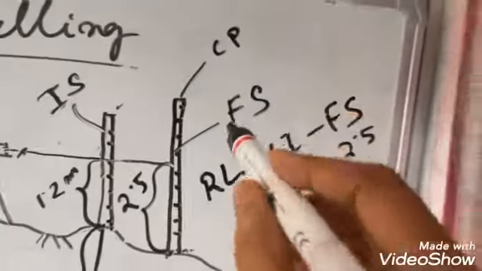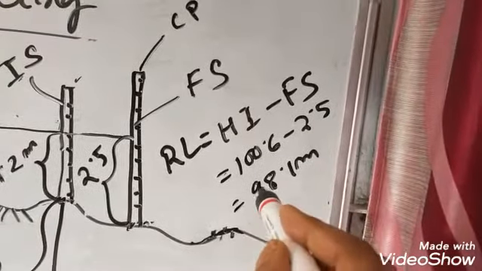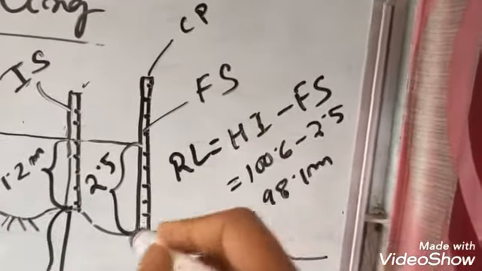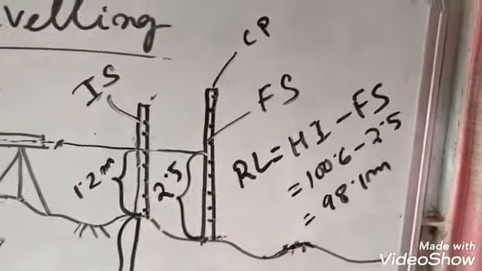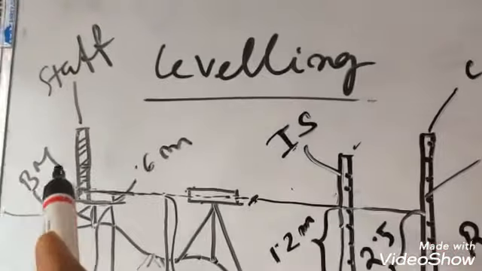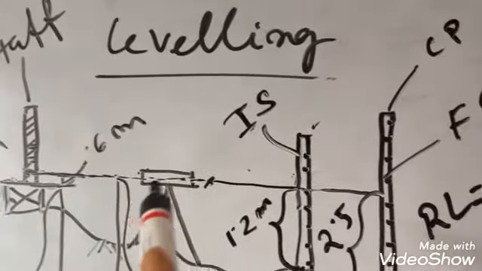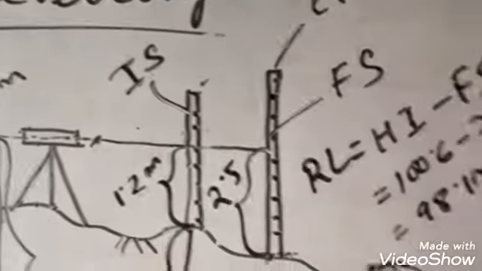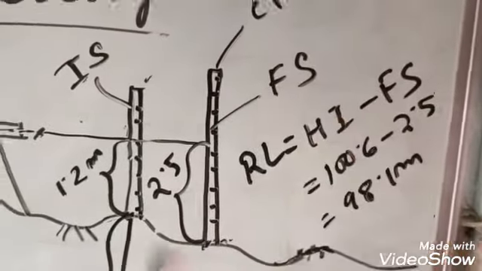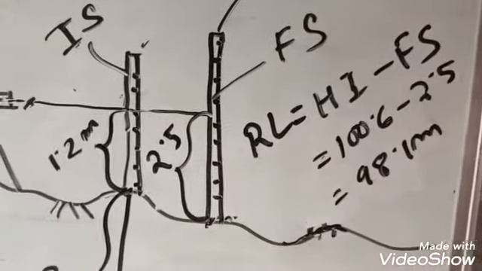So RL of this change point is 98.1 meter. Fs was 2.5 meter. So the very first reading is called backside, the intermediate readings are called IS or intermediate side, and the last reading is called foresight.